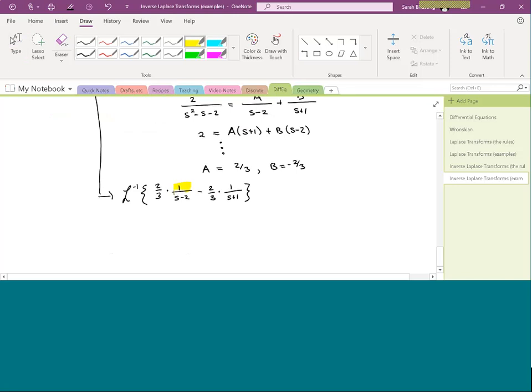These two fractions both came from linear terms. Both of those have an inverse Laplace transform of what type of function? Anybody remember? Yeah, it's going to be e to the at. So in the first one, our a would be that 2. What would the a be in the second one?